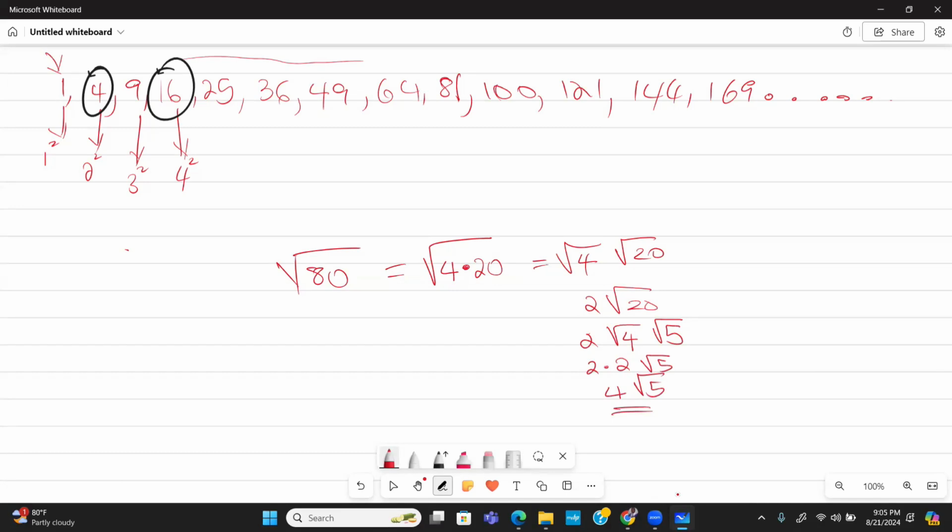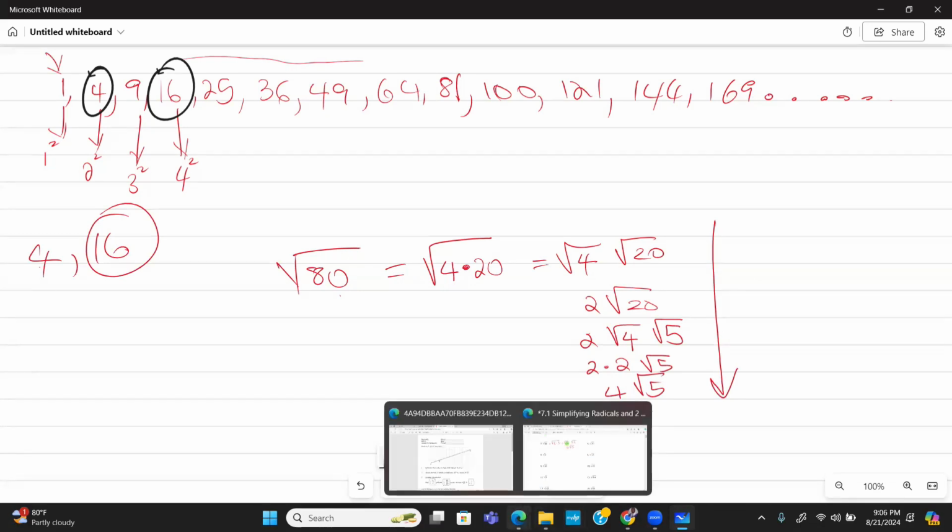But because we did not use the largest square number that is a factor of 80, we had a longer process. So my suggestion to you is that when you find more than one square number that's a factor of our radicand, we need to use the largest one, and it works quicker for us. Using the other one is correct as well, but it takes a little bit longer.